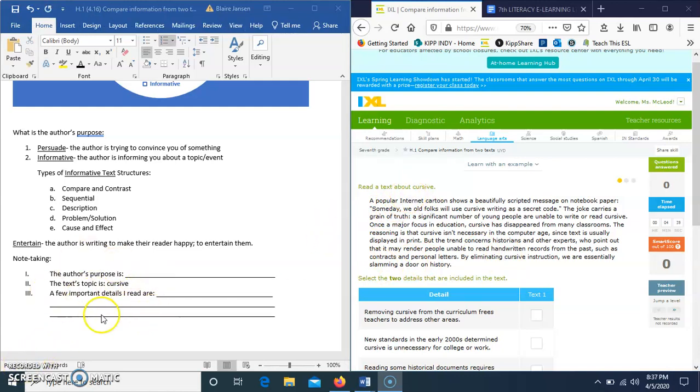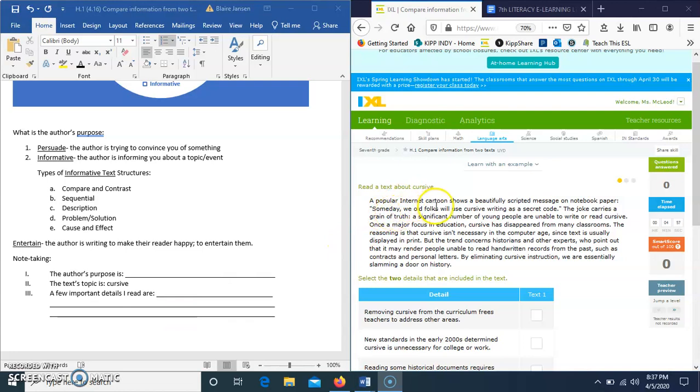So on my note-taking section, where I'm taking notes while I read, which we should always be doing, the second note that I've taken is that the text topic is about cursive. We're still not sure yet the author's purpose or some important details. We'll see if we can find those while we read.